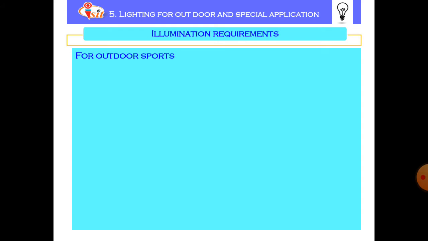Means those games are played in the outdoor ground. Generally, flood lightings are provided to achieve the lux level or the illumination on the working ground. Many times, interior sports also use flood lighting techniques.